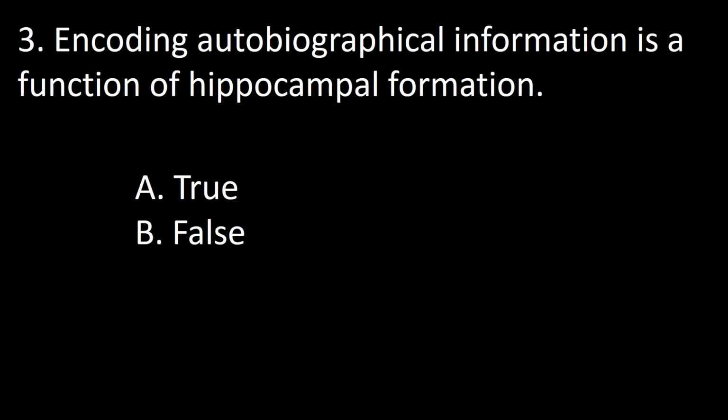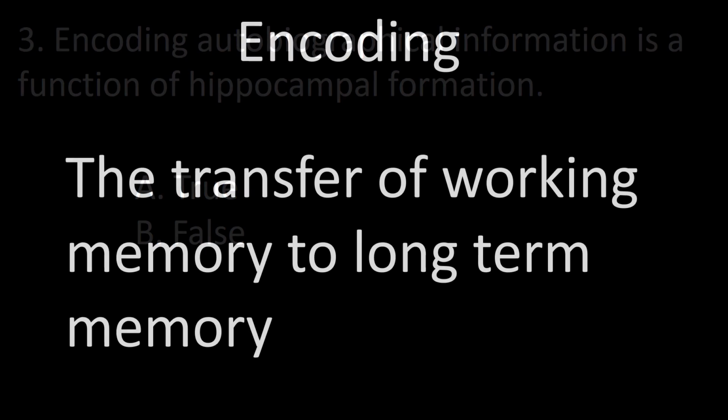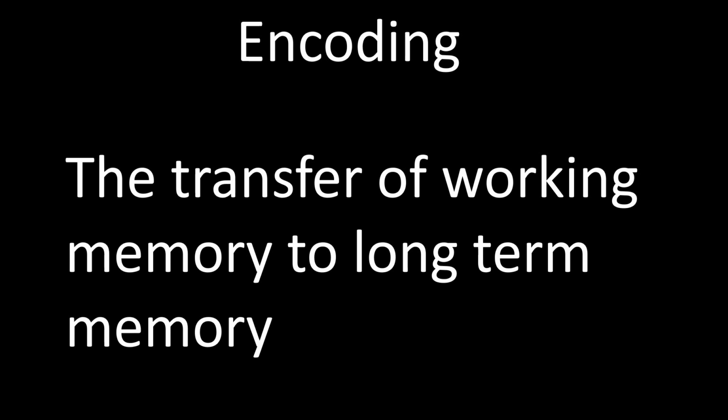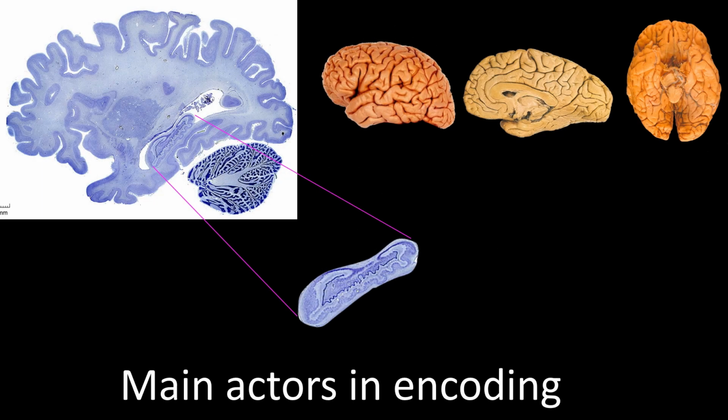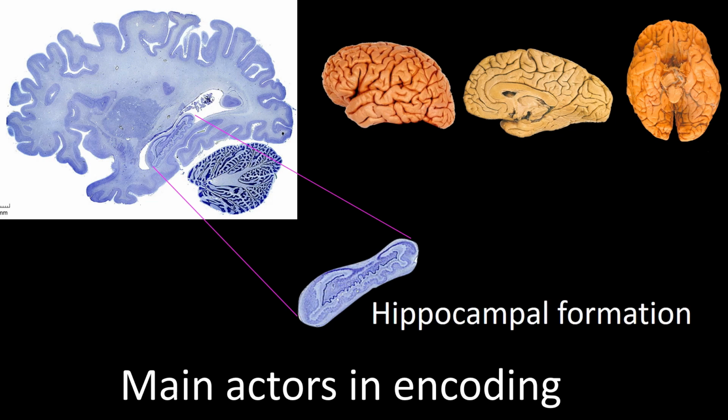Next question. Encoding autobiographical information is a function of the hippocampal formation. A, true, B, false. Encoding is defined as the transfer of working memory to long-term memory. The main structures involved in encoding explicit memory and maybe some of the types of implicit memories are the hippocampal formation and the cerebral cortex.